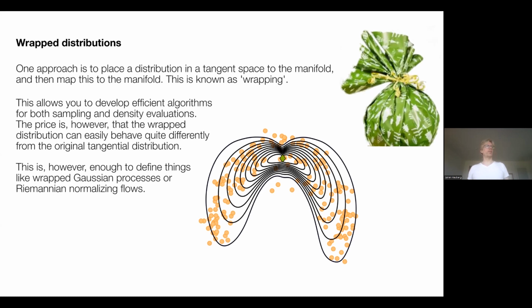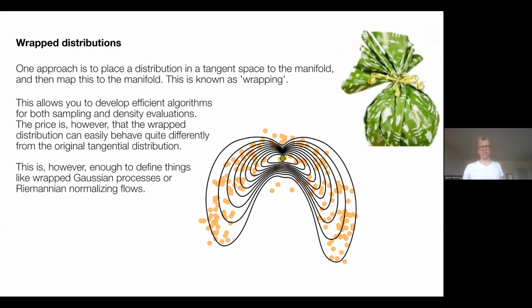The only issue with that is that it's kind of hard to build intuitions about how these distributions behave, because we may have intuitions about how they behave in the tangent space, but the tangent space gives you a highly distorted view of the actual manifold. So whatever properties you may like tangentially, they may behave very oddly on manifolds.